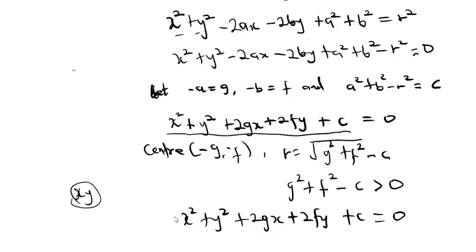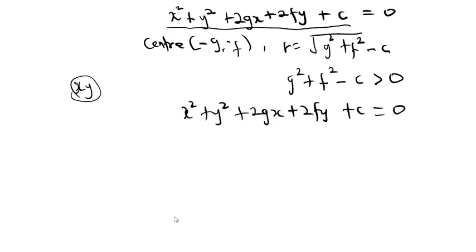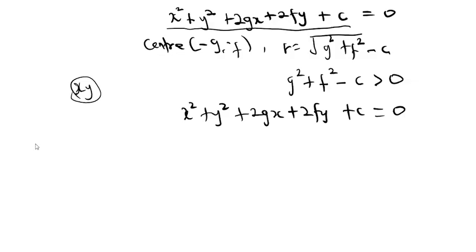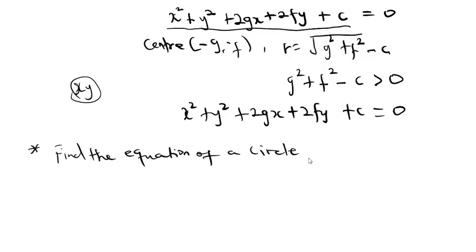Now let's take an example and solve under this equation of a circle. Find the equation of a circle with center (3, 2) and radius 3.